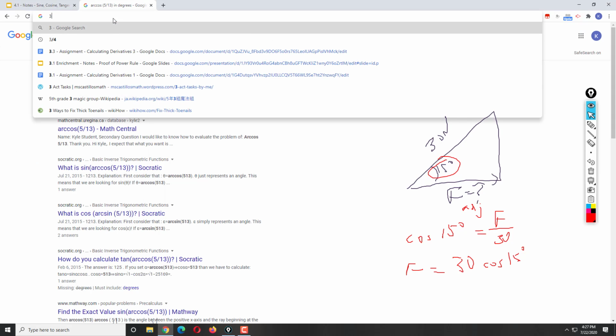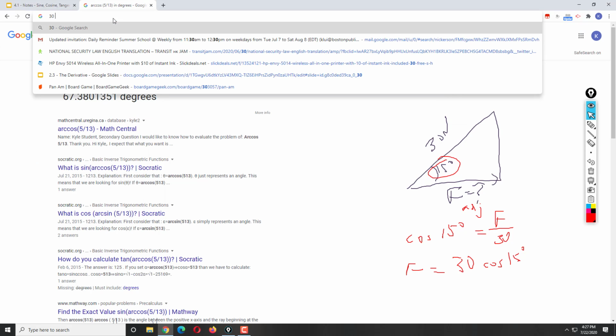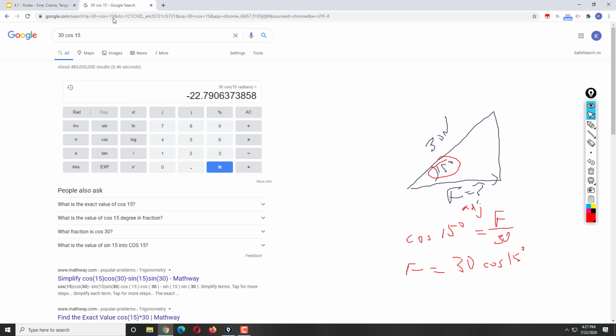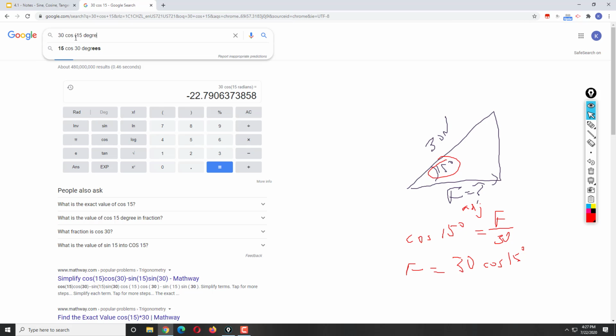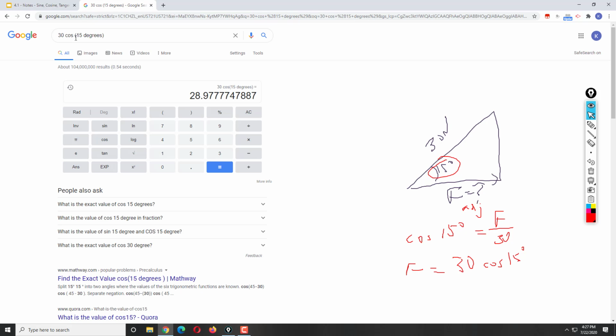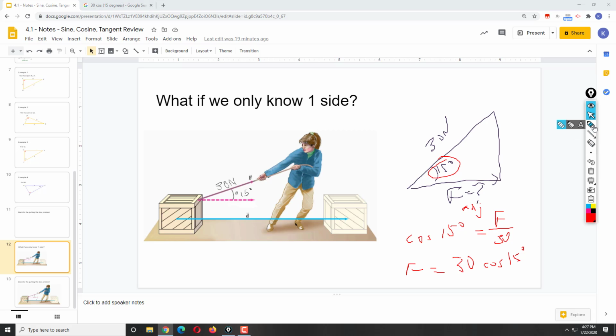So 30 cosine of 15. Let's be specific. It's 15 degrees. 30 times cosine of 15 degrees is about 29, which makes sense. It's almost 30 because it's pretty close. It's about 29. So roughly 29 of the 30 newtons is being used.